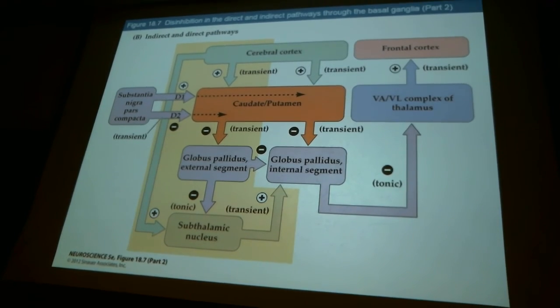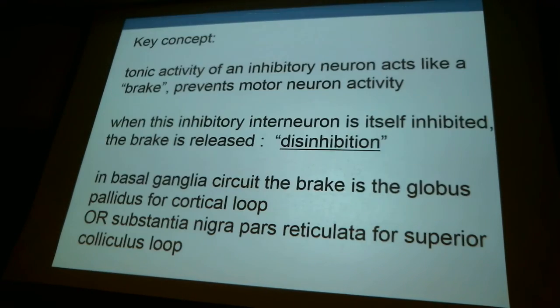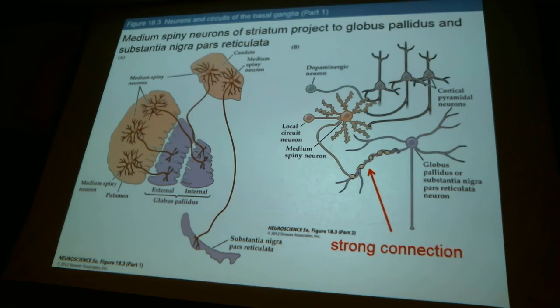I didn't actually mention, we didn't talk in detail about how these projections are set up. I sort of mentioned that there's a mapping there, right? It has something to do with where the neurons in the caudate project to a particular point in the globus pallidus. There's a very strong projection here, with a lot of convergence, but there are lots of collateral projections as well.